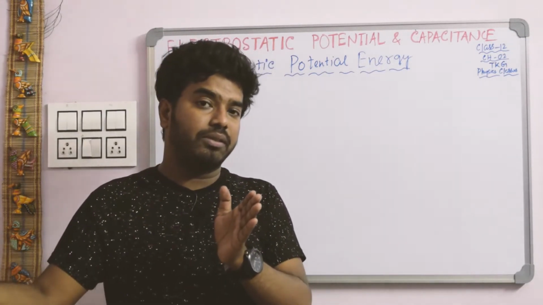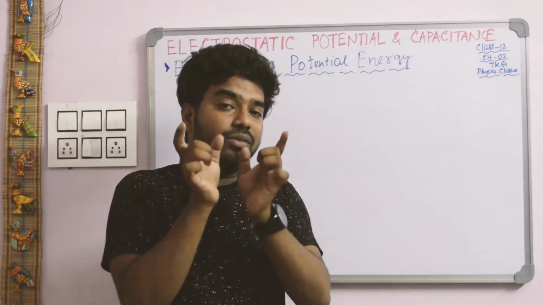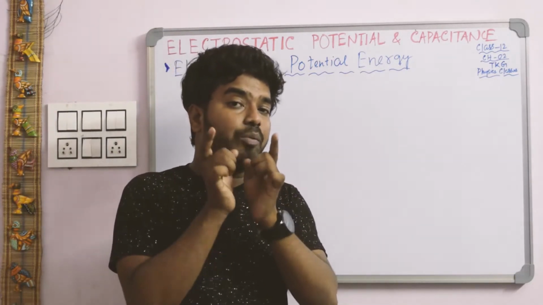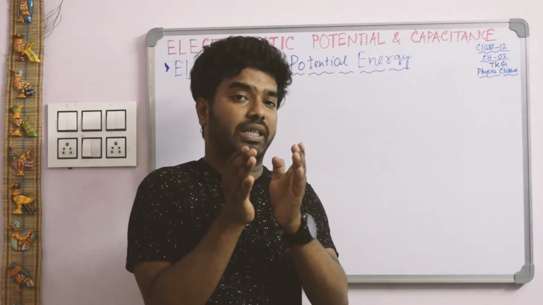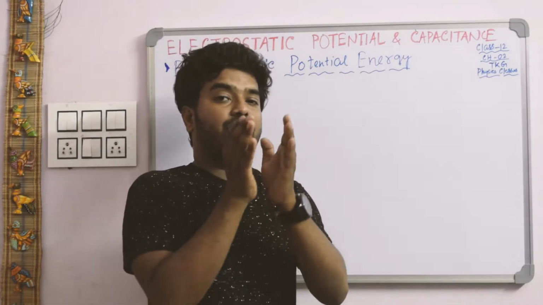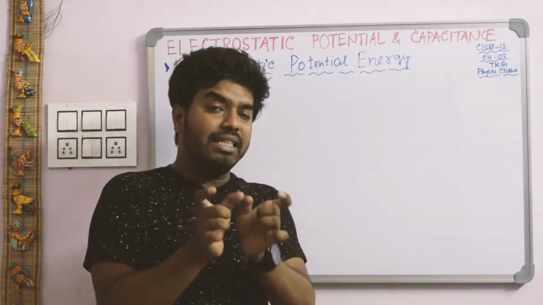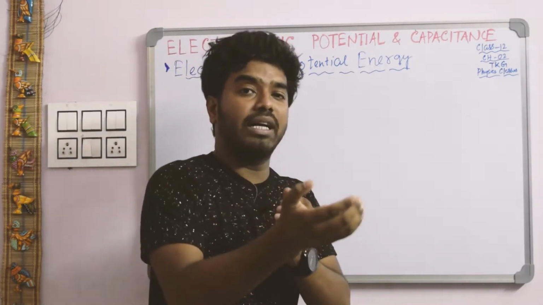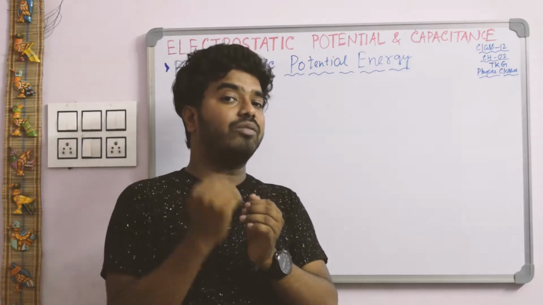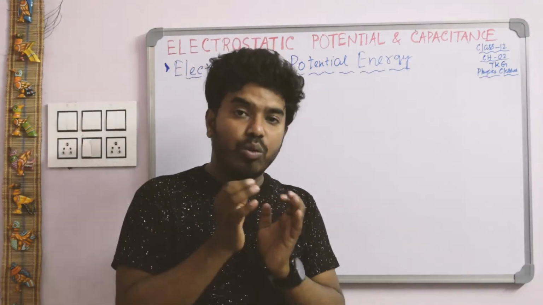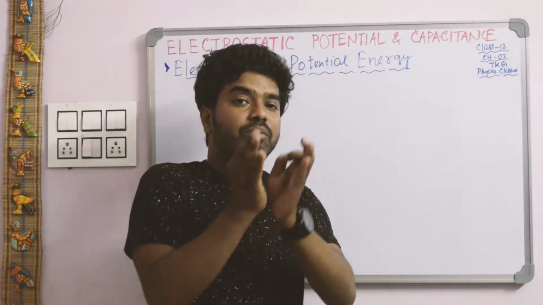to the other point. But if the two similar point charges are brought closer to each other, then the potential energy has a positive value, because in this case work has to be done against the electrostatic force of repulsion. Now why force of repulsion?